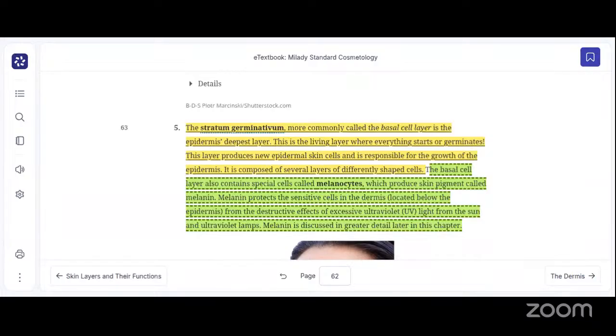This layer produces new epidermal skin cells. So new cells are produced in this level. The products that you're using to improve your skin, they must touch this level. Because if the skin is regenerating itself here, what you want is for the ingredients to engulf itself, marry itself with the new skin.